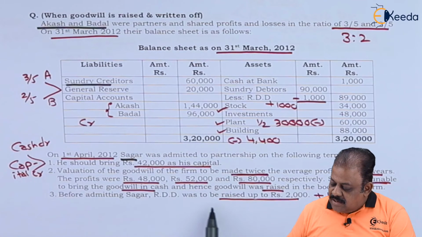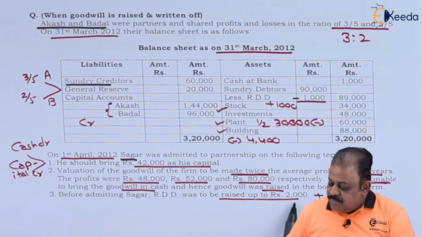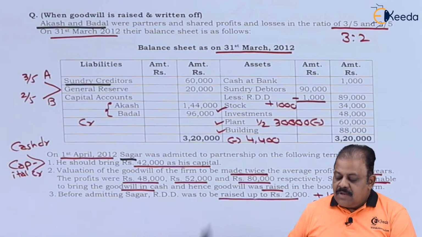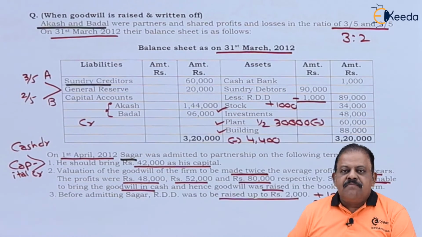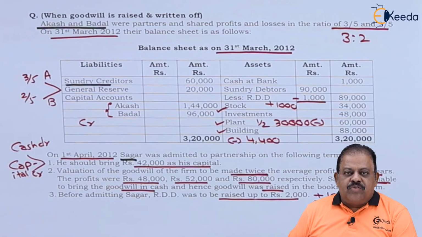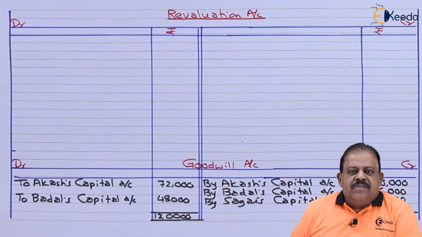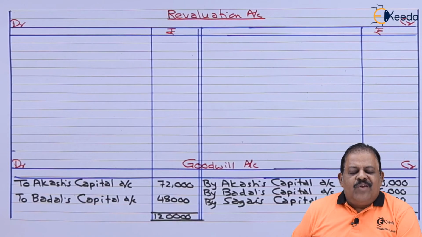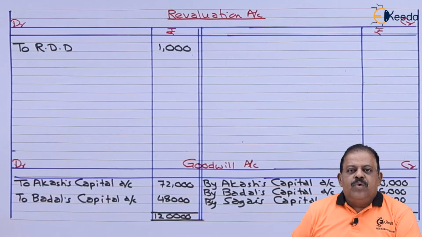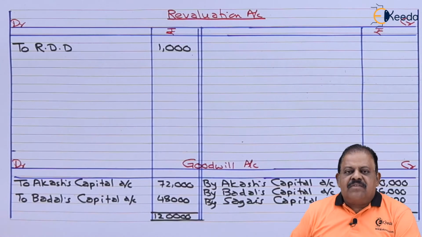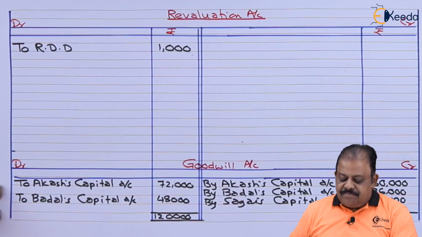Before admitting Sagar, RDD was to be raised up to 2,000. Current RDD is 1,000. Raised up to 2,000 means we are required to increase RDD by 1,000. This will have one effect: revaluation account debit to RDD 1,000. This will have another effect on the asset side.